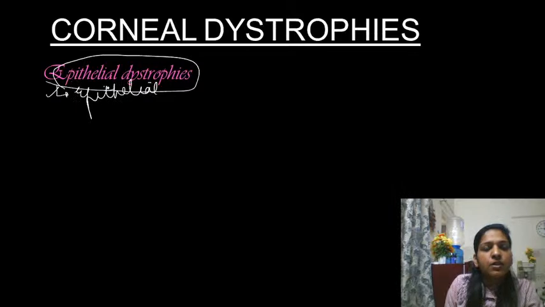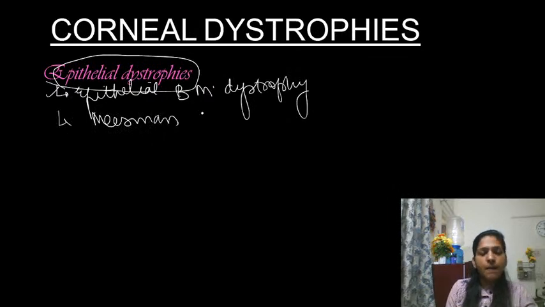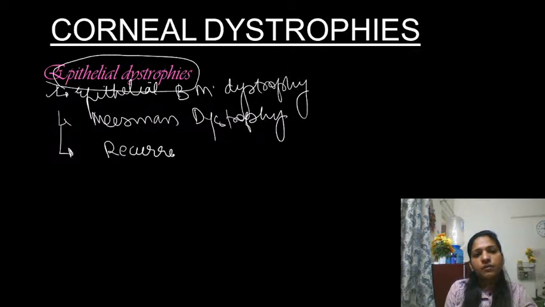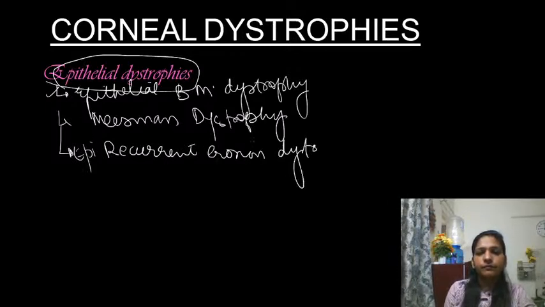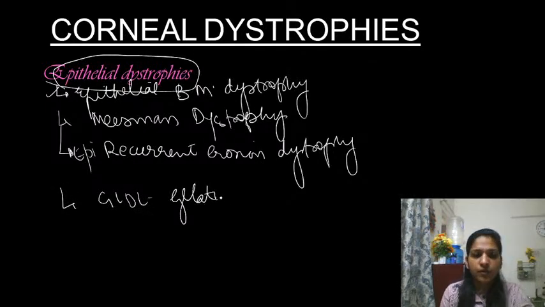Epithelial basement membrane dystrophy, Meesmann dystrophy. You have to just remember the names of these dystrophies, not the details. Recurrent erosion dystrophy, epithelial recurrent erosion dystrophy, gelatinous drop like dystrophy.